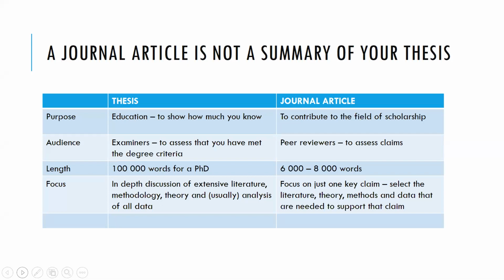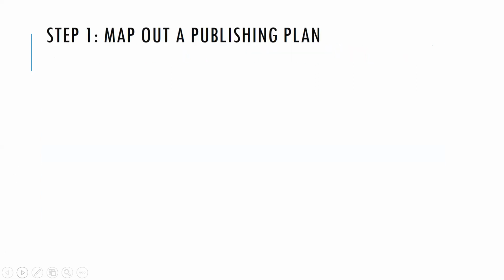You're going to make one argument. And so then you're going to select the particular literature, theory, methods, and data that you need to support that particular claim. You're not putting in absolutely everything that you wrote in a very condensed form. So it's not a summary of your thesis.